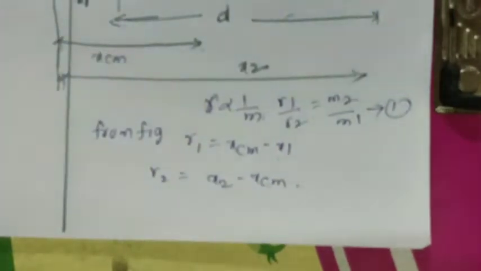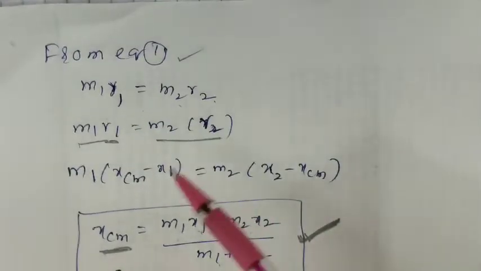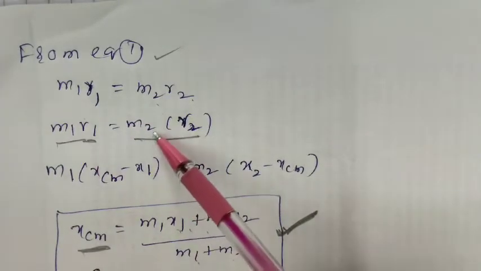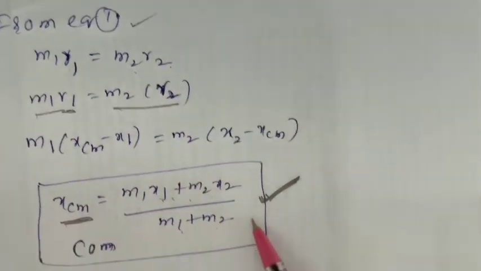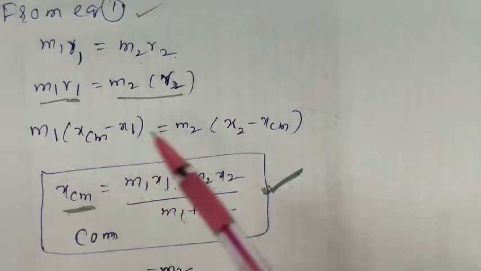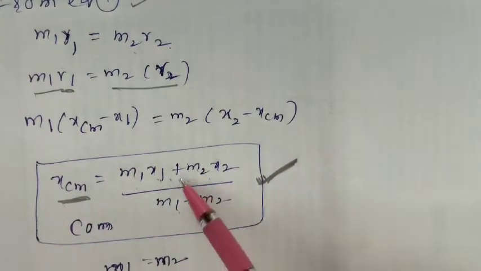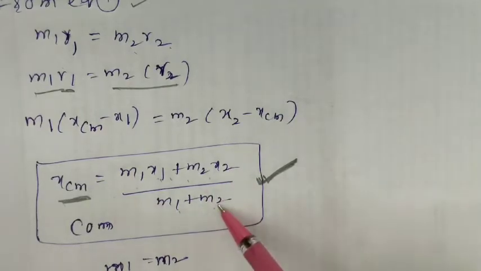Continuing from equation 1, m1 r1 is equal to m2 r2. We know r1 and r2, so we substitute them and get xcm equal to m1 x1 plus m2 x2 divided by m1 plus m2.